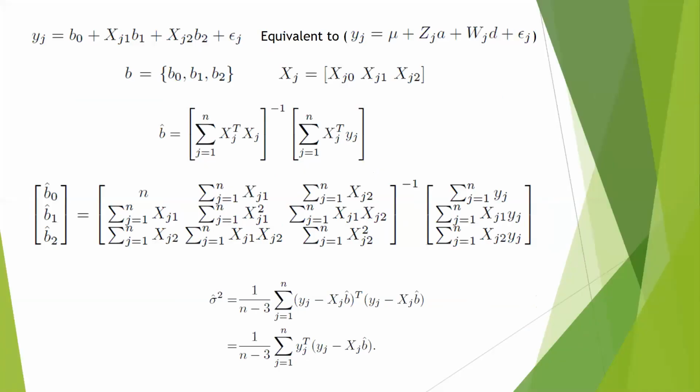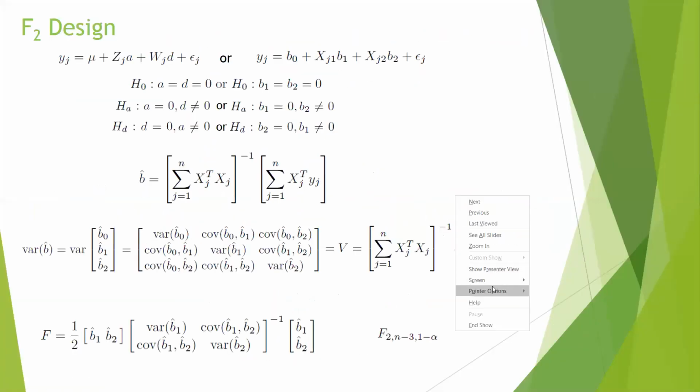Okay, good. Now the same, right? Because we have two slopes here, the null hypothesis is that both of them are equal to 0, which means there is no association between this locus and the phenotype, right?